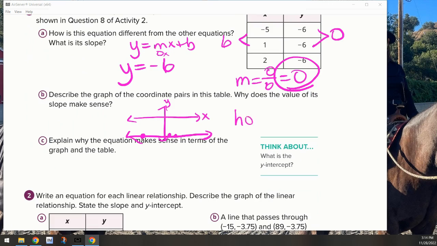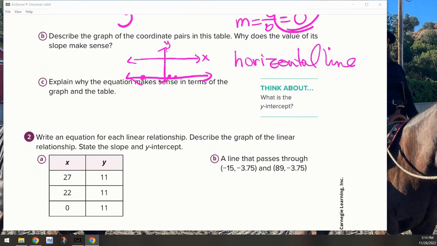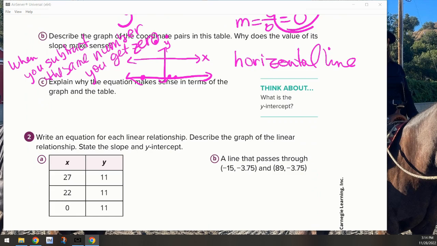You have a horizontal line. Okay. When you subtract the same number, you get 0. Oops, 0.